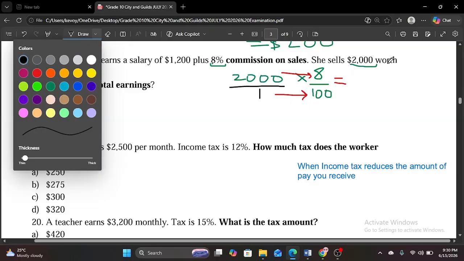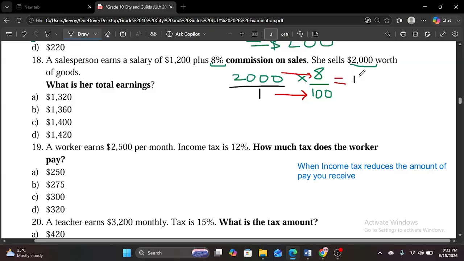and I just multiply. So 8 times 2, that's gonna be 16, and I add my zeros, all over 1 times 100, that's going to be equal to 100. And then I just eliminate my zeros.